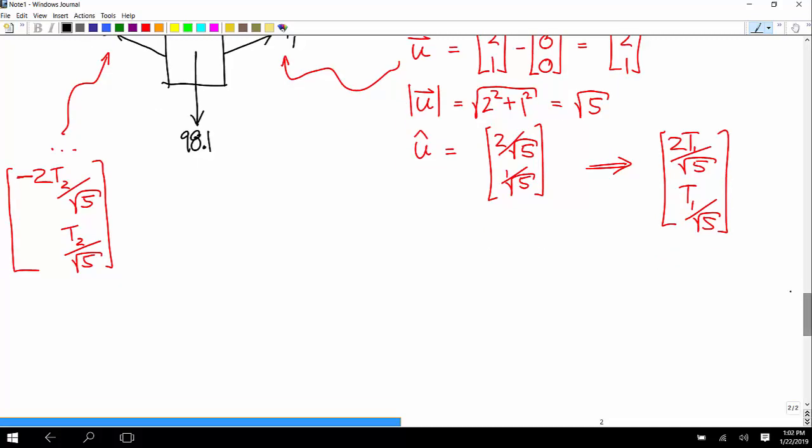So now we can go to Newton's second law. We're going to add up these two forces with the weight force.